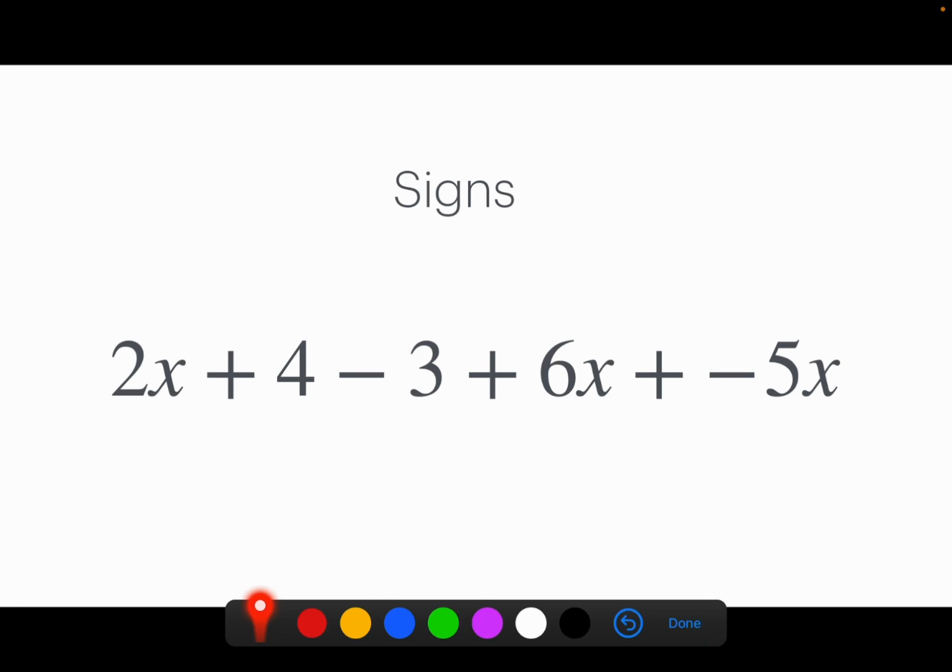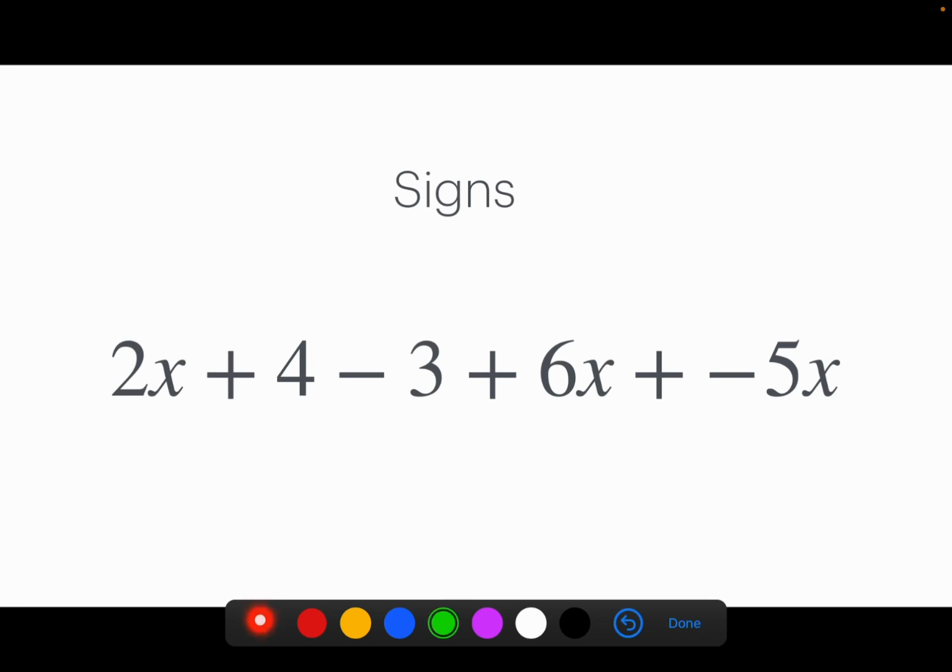So notice here, there is no positive sign here. That means this number is positive, okay? Why is this positive sign not invisible? Well, it's because it's also an addition sign. This sign right here is an addition sign.